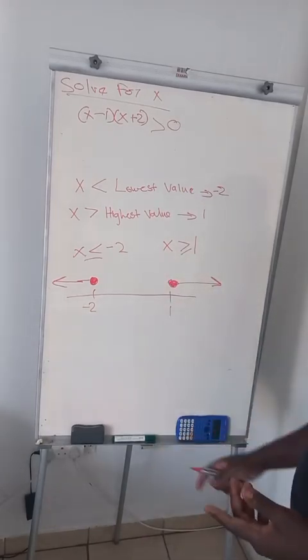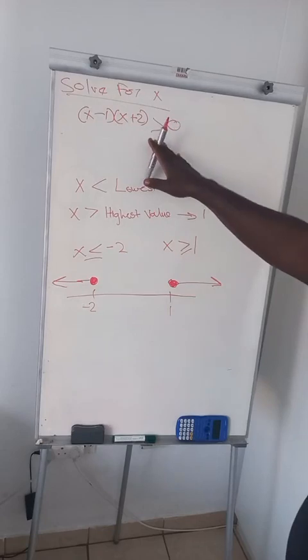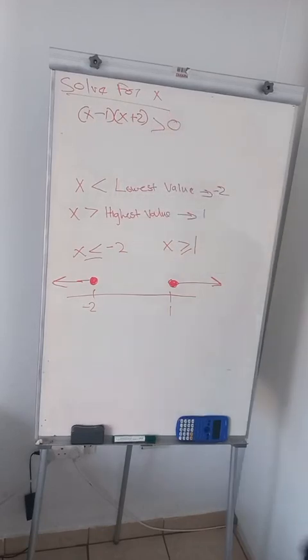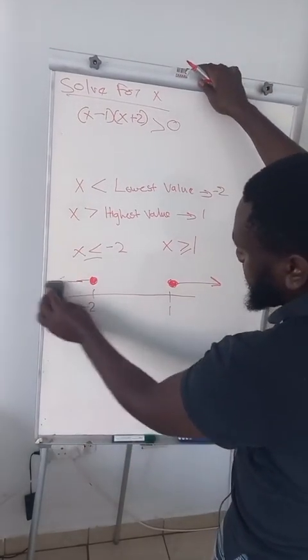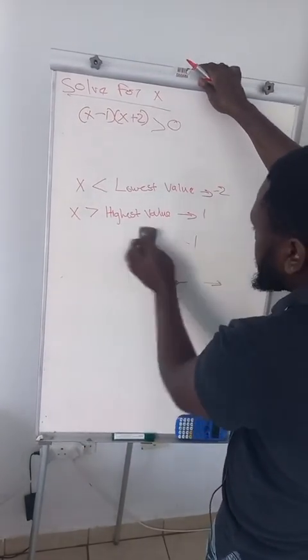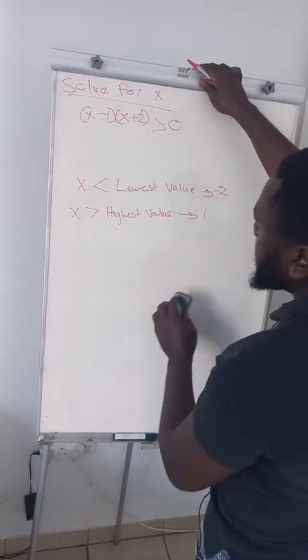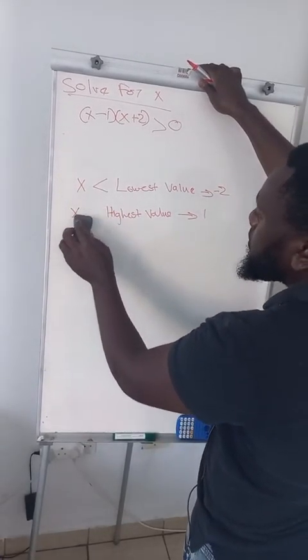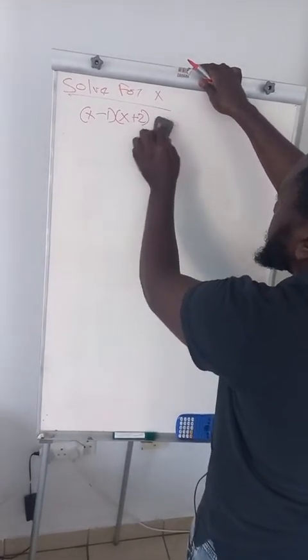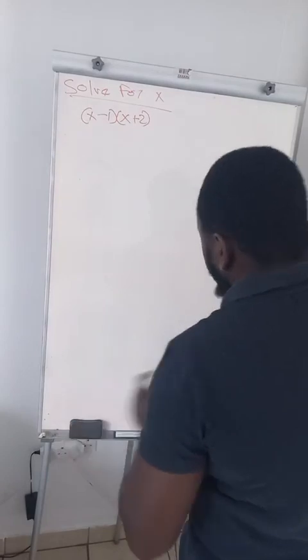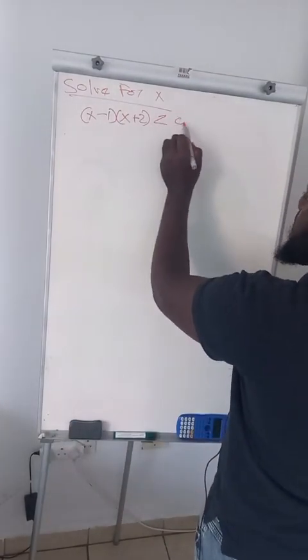Now let's talk about a situation wherein your final answer is saying less than 0. So if it's saying less than 0, I will wrap this, and here you will say less than 0.